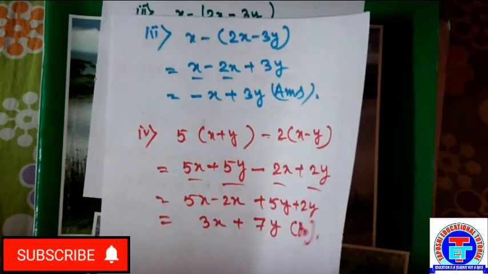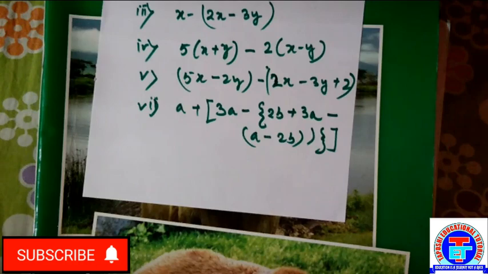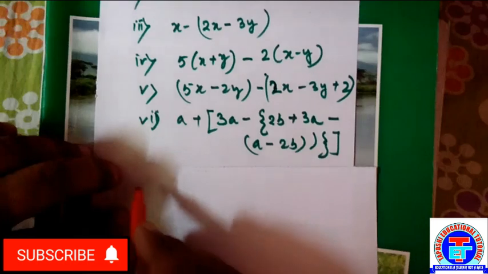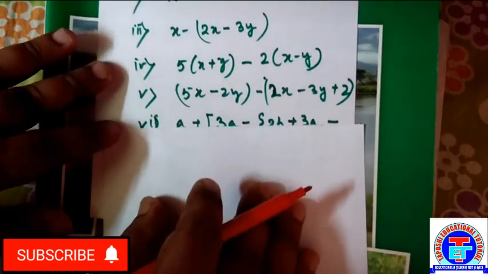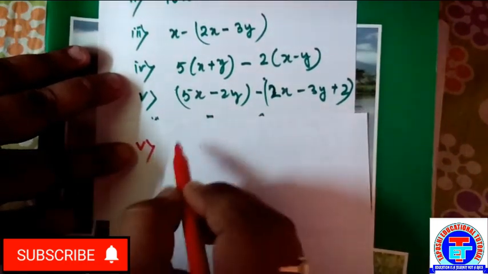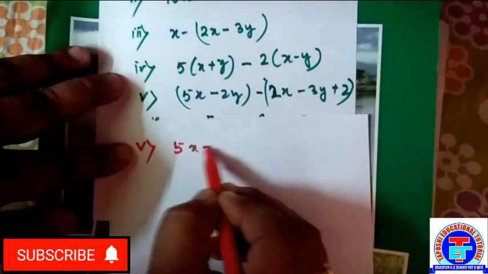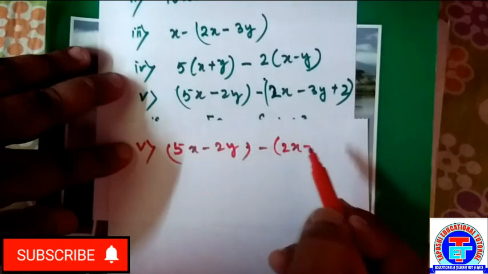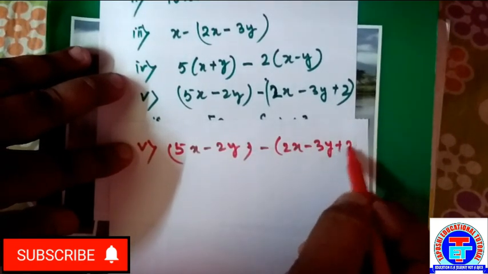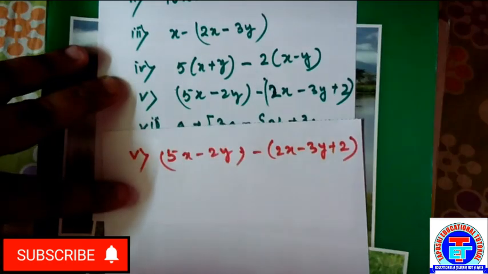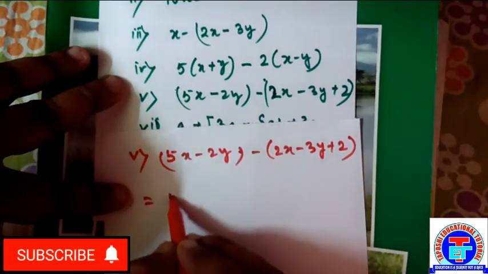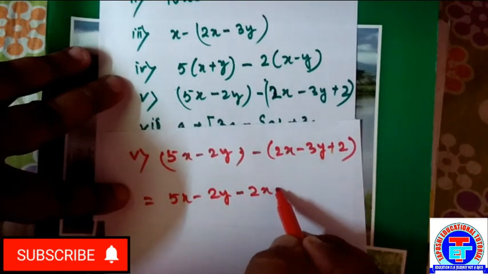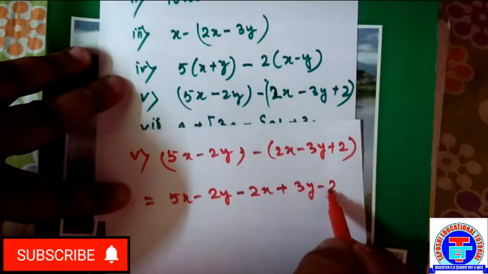Okay, next one is given here, number 5: 5x minus 2y in bracket minus 2x minus 3y plus 2. Now we remove the bracket and arrange them: 5x minus 2y minus 2x plus 3y plus 2.